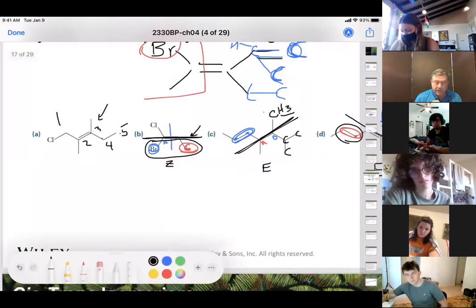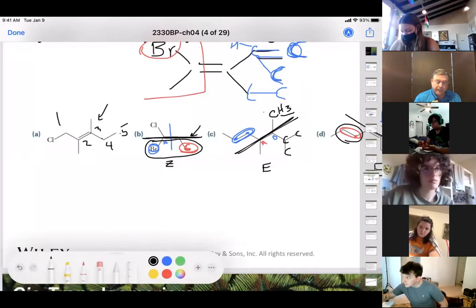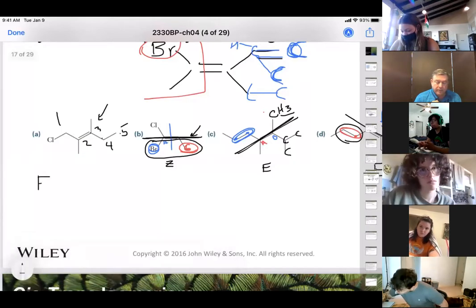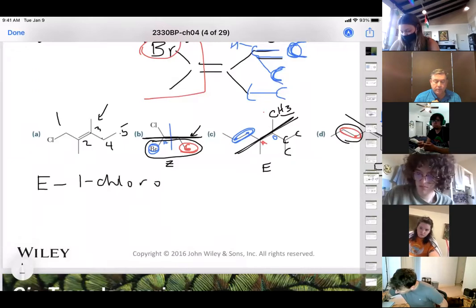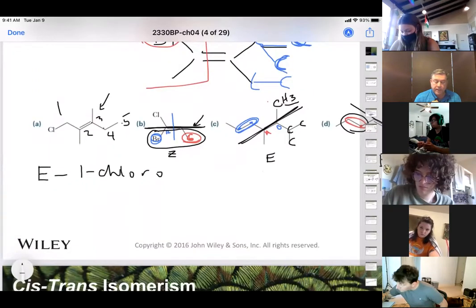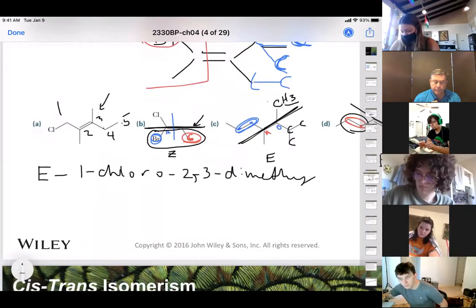So our compound name is going to be, let's see, they're opposite each other. So that's E, dash, 1, dash, chloro, for having this chloro on there, 2, 3, comma, 3, dimethyl, pent, dash, 2, ene.